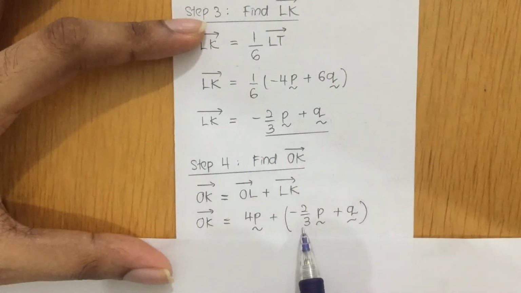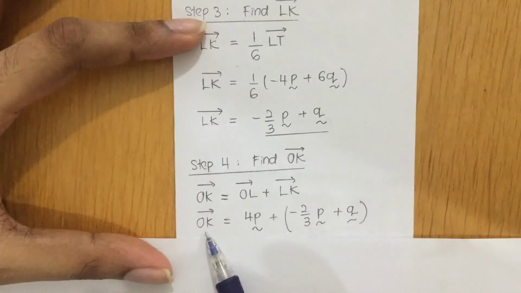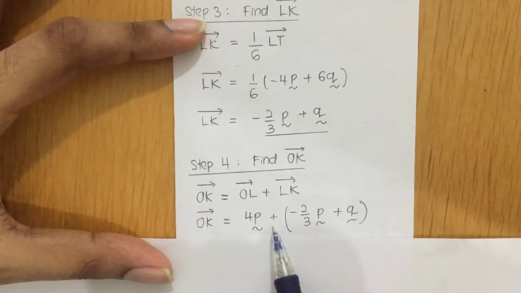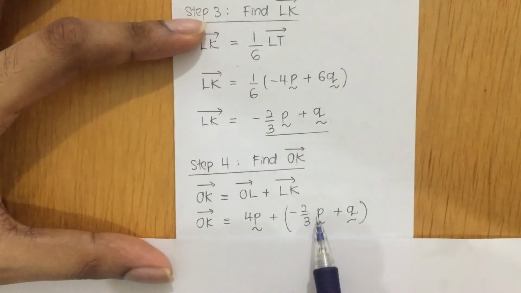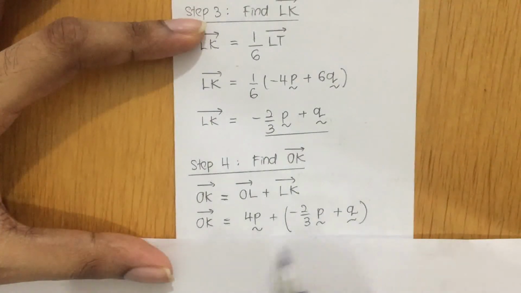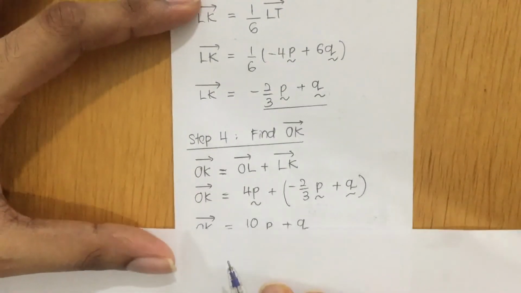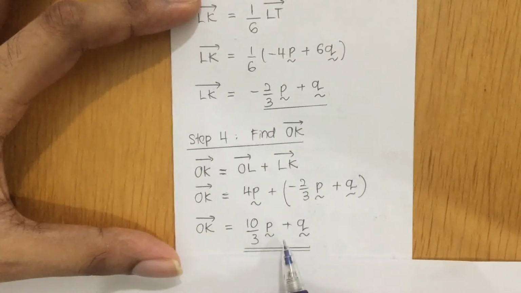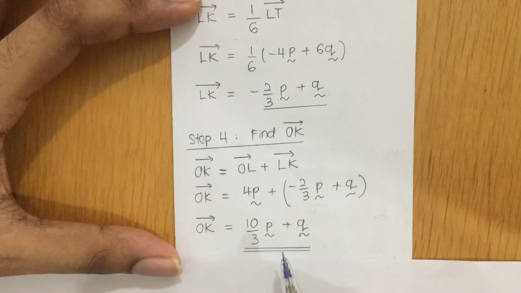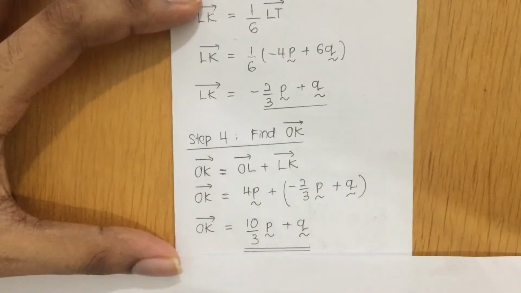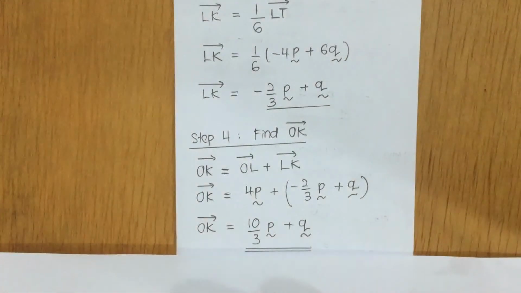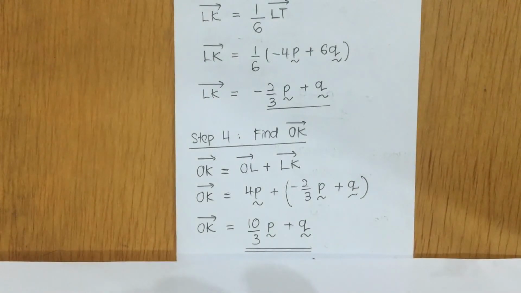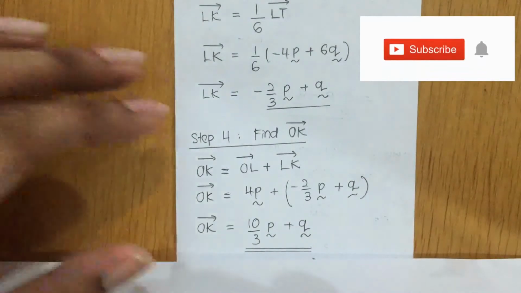So you substitute over here. Vector OK is equals to 4p plus negative 2/3p plus q. You calculate this, and from here you should get your vector OK is equals to 10/3p plus q. So this is your answer for question 6 A part 1. We still need to find A part 2.